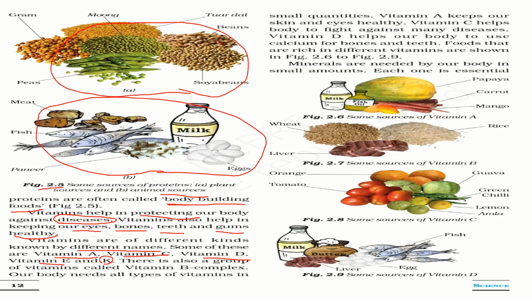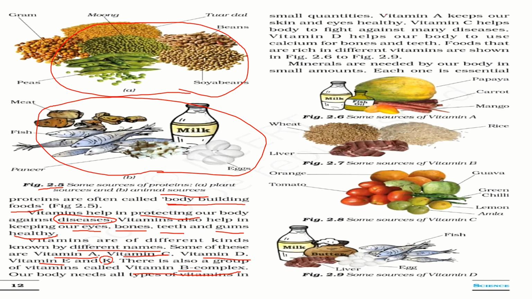There is also a group of vitamins called vitamin B complex. We are saying it as a group. The group is named vitamin B complex. Our body needs all types of vitamins. Okay, what do we need? All types of vitamins our body needs. We need them in small quantities.